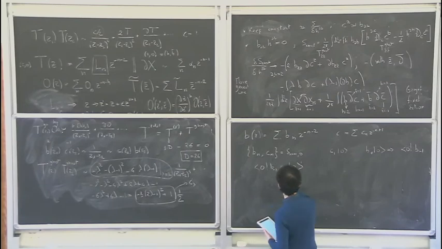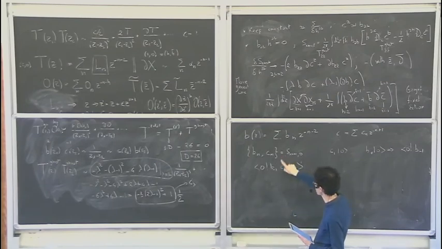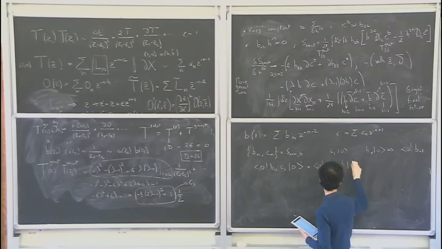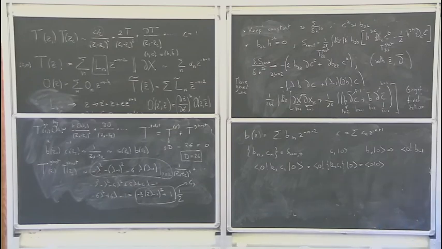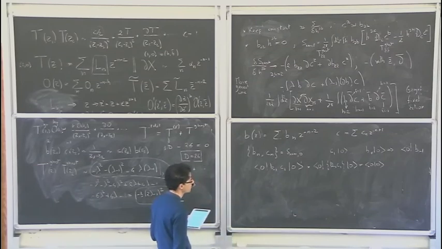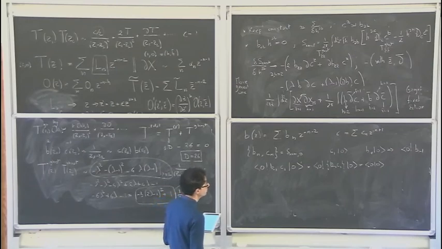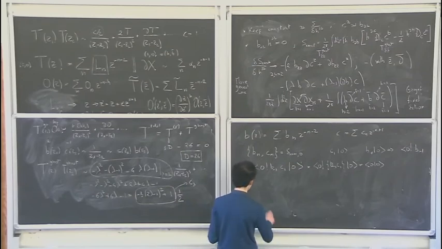But this is in contrast with this commutation relation, because this is equal to this, which we would like to be 1. So we have to be careful in how we define the vacuum. And the idea is that the vacuum is defined as follows.